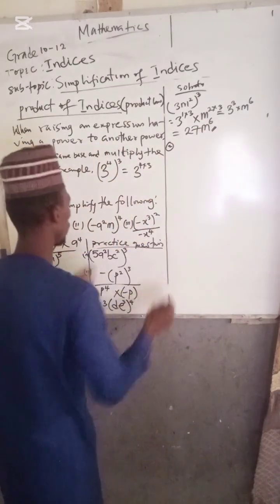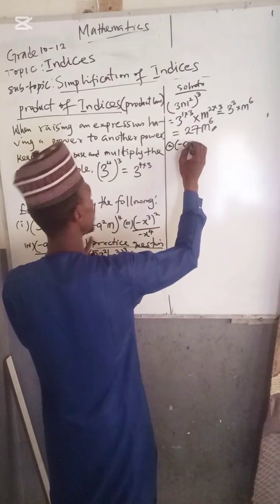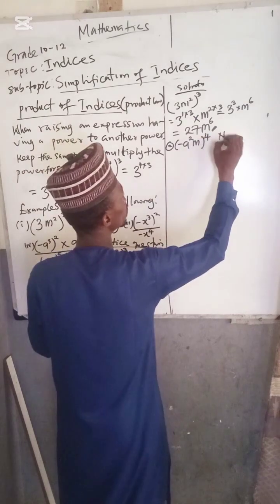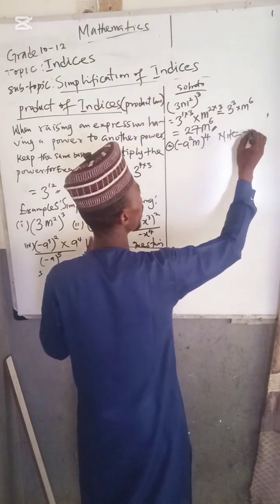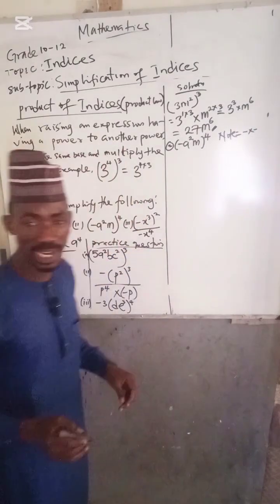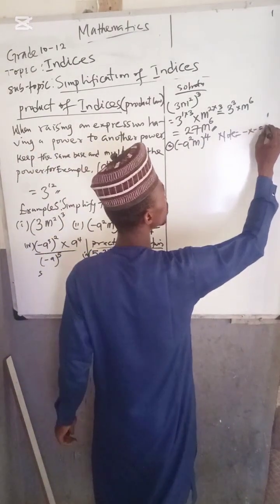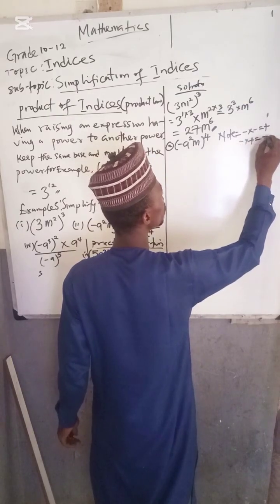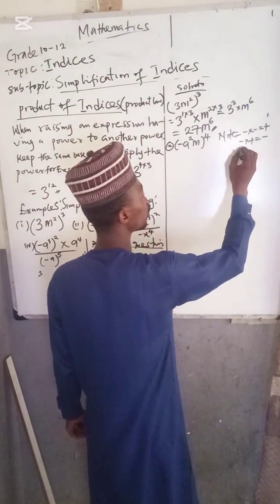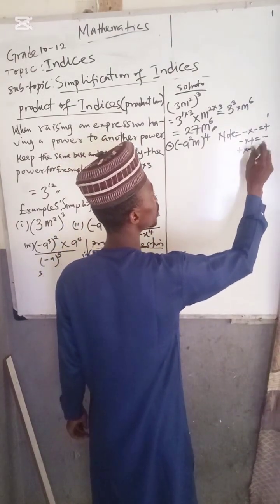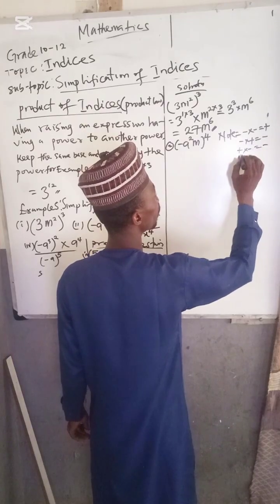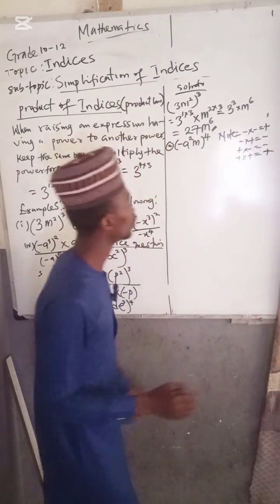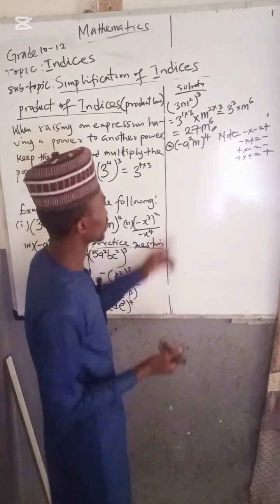Second question is minus a square m. Now, note please. Minus times minus, from our algebra in grade 9, we know it's plus. The minus times plus is minus, and vice versa. We have plus times minus is still minus. Then plus times plus is plus. Let's take note, because we'll be applying it here. Now, look at this.